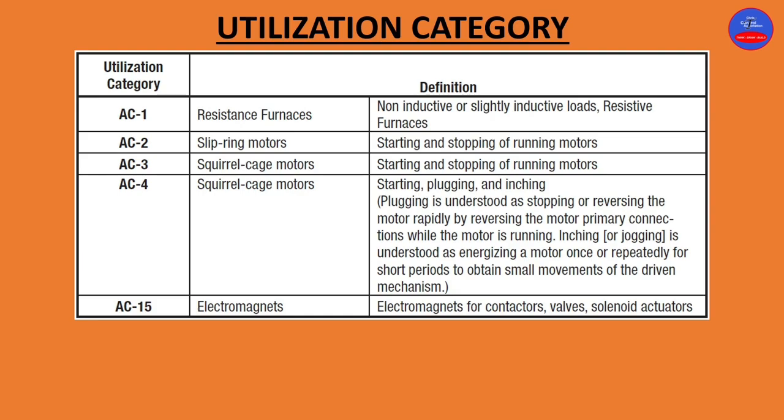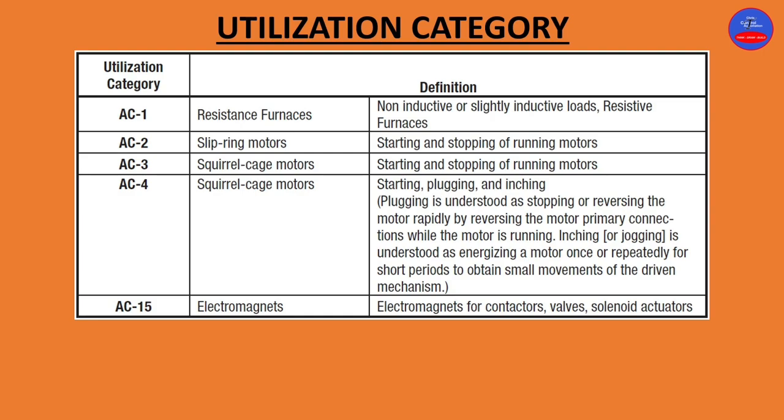We have the resistance furnaces. It says non-inductive or slightly inductive loads, resistive furnaces. When you look at the AC2, the AC2 says slip rings, starting and stopping of running motors.